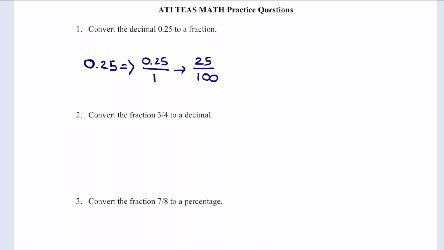Then what we need to do is simplify the fraction. So if we look at 25 goes into 100 4 times, and it goes into itself once. So this would be further reduced down to 1/4, and that would be our answer.